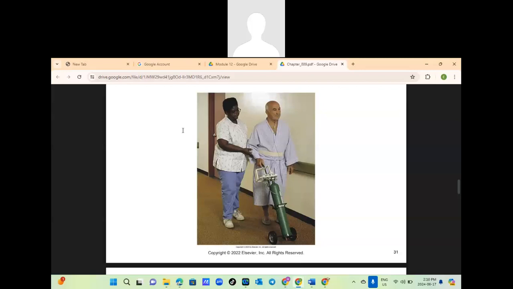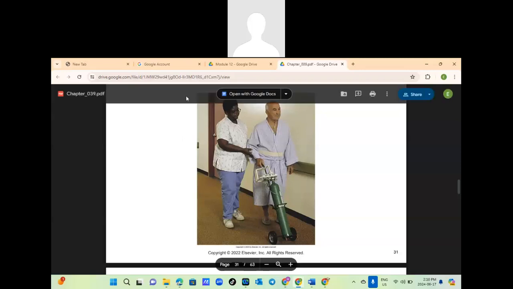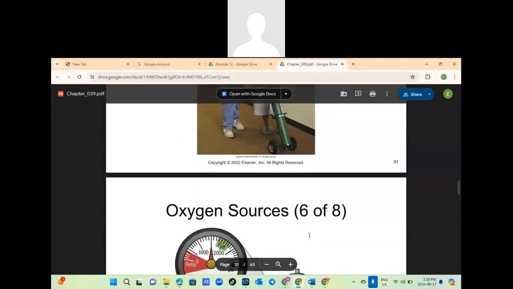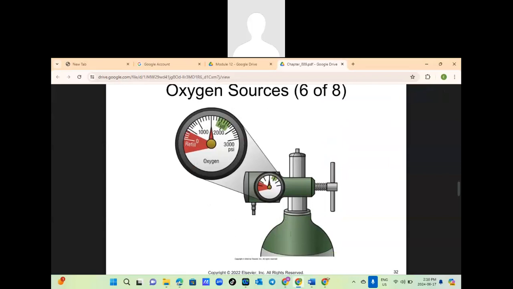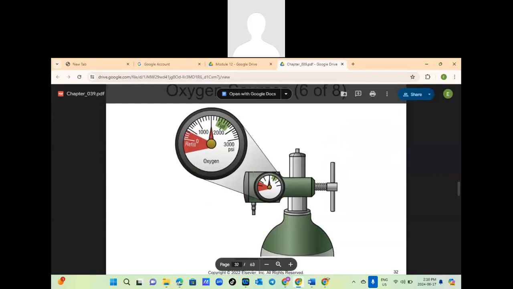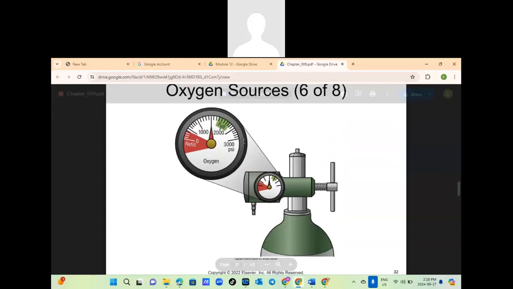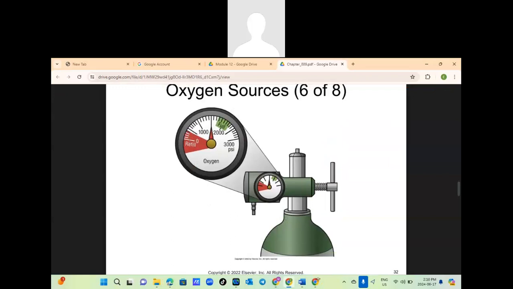All right. Next, let me see over here, oxygen sources. These are the tanks. Over here you have the PSI. Zero means it needs refill.